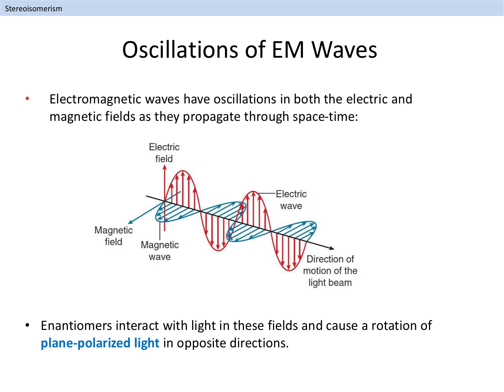When light interacts with enantiomers, it encounters these oscillating electric and magnetic fields. Enantiomers have unique three-dimensional structures that cause them to interact with the electric field component of the light wave in a specific manner. This interaction leads to a rotation of the plane of oscillation of the light. The direction of this rotation depends on the specific enantiomer.